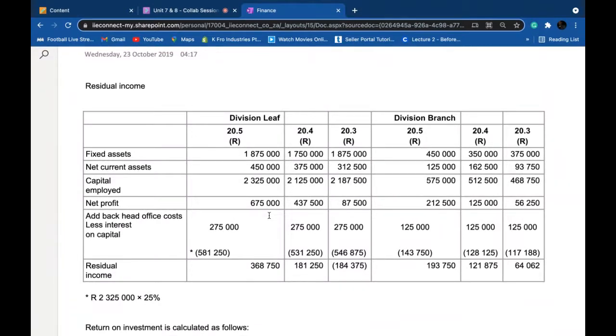You can see here in 2003, we actually would not approve this project since it's a negative. Remember, this is residual income. When it comes to residual income, if the amount is positive, then we'll go ahead with the project. If it's negative, we won't go ahead with the project.